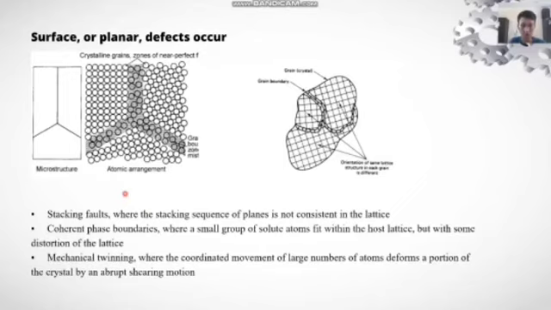For example, grain boundaries are surface discontinuities between the crystal lattice of individual grains. In this picture, grain boundaries and twin boundaries are independent of crystal structure.